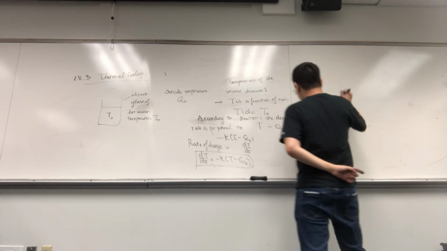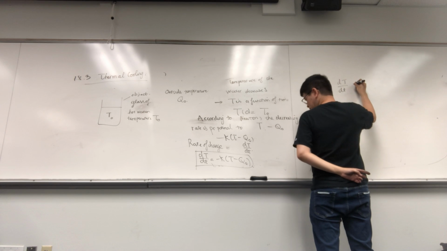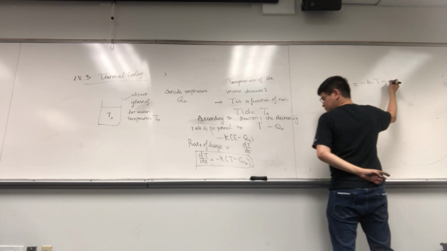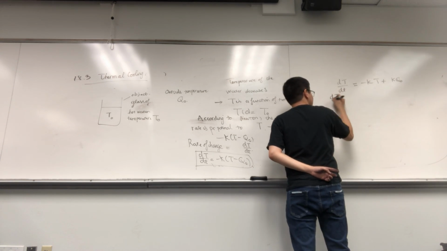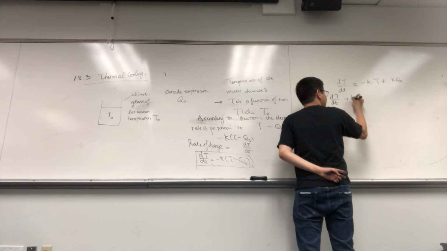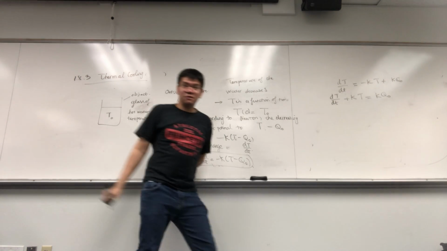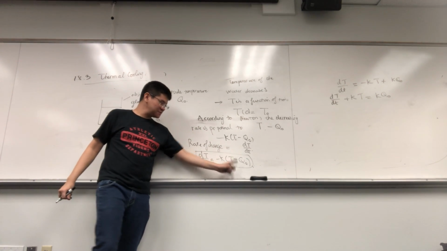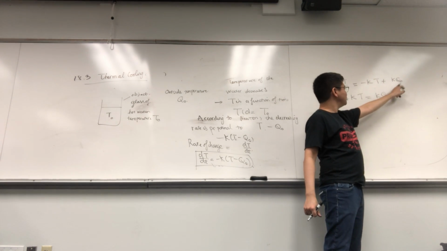So here you're going to have an equation of the time dT over dt is equal to minus kT plus k Q0. All right, so which means that we have dT over dt plus kT is k Q0. Right? So the equation is dT over dt is minus k (T minus Q0). This gives me minus kT plus k Q0.